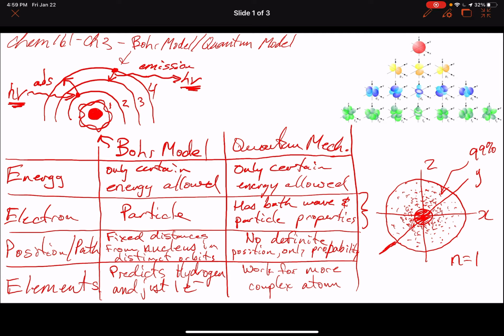We were allowed to understand the energy level described by an n equals 1, as we see up near the nearest orbit near the nucleus. We see vastly different probability functions and maps for where that electron can exist as a wave as we move to different orbital situations.